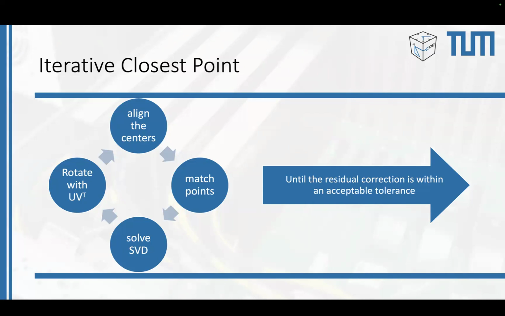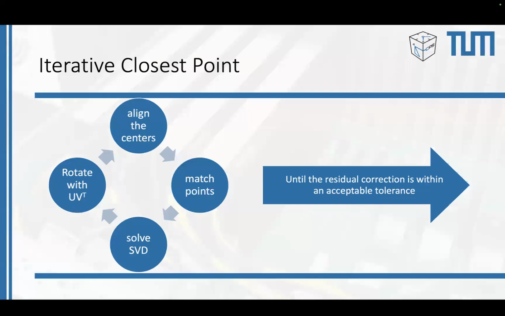Well, I could, but usually what you do is you look at the residual correction. If you can't get any better, then you're either stuck in a local minimum or you solved the problem. And what can happen is pretty simple, right? I could say, well, this is the perfect pose, but if I'm here, I will not get out of this minimum and get this pose.